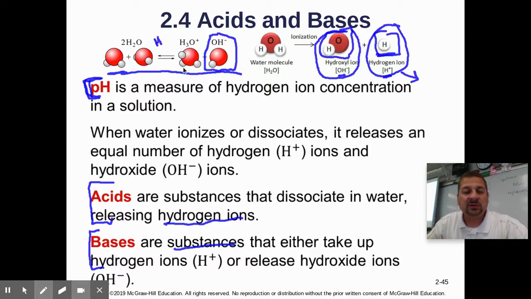Sometimes the H will connect to another water molecule, and it'll be a hydronium ion, or H3O plus. So you still have that plus 1 charge and a negative 1 charge. But sometimes that hydrogen will attach to another water molecule to make a hydronium. Sometimes you just have an OH negative and an H plus, so a hydroxyl and just a plain hydrogen ion.